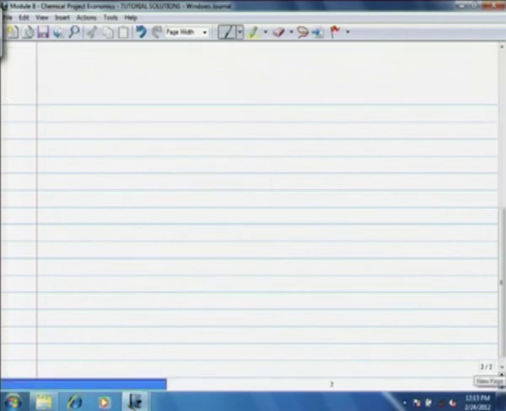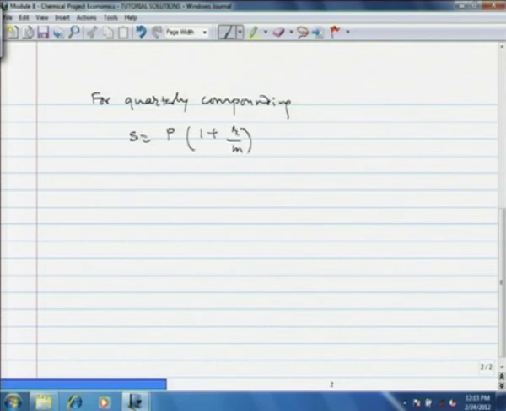Now, let us see quarterly compounding. Here we use the same formula, S is equal to P into (1 plus R by M) to the power M into N. R is 0.08. Here M is 4 because there are 4 quarters in a year and N is 6 years.